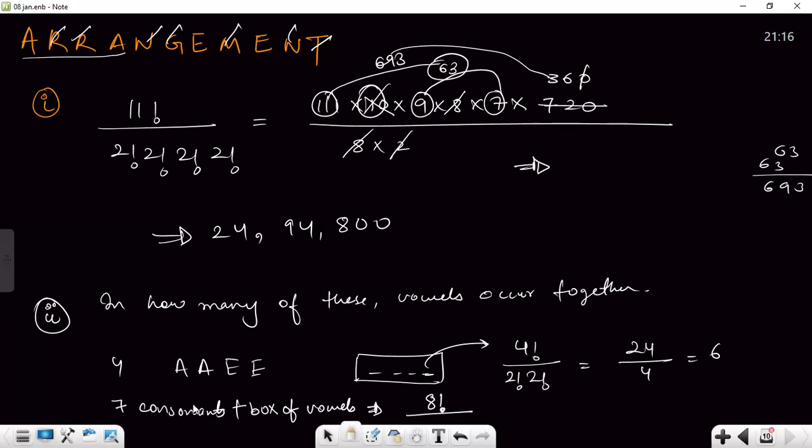But these consonants have some repetition in them. So we earlier also talked about R repeating itself twice. So 2 factorial here. N is repeating itself twice.